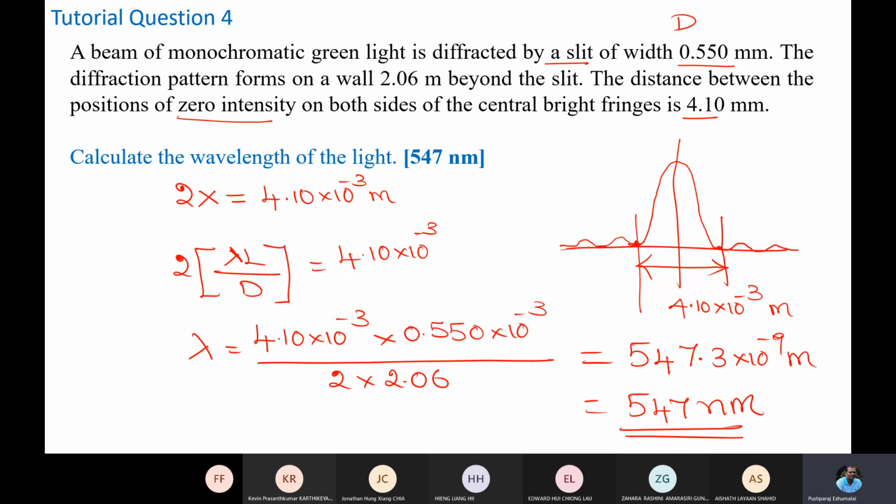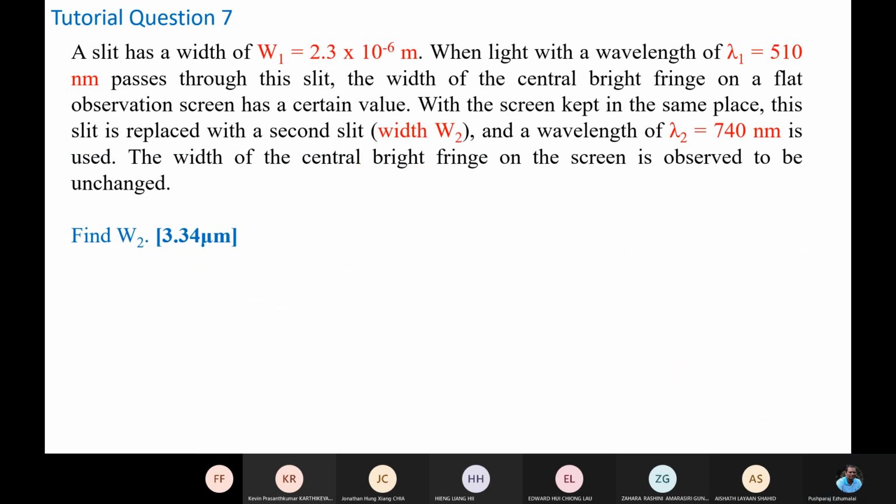Okay, next problem. So the next problem is also the same thing.